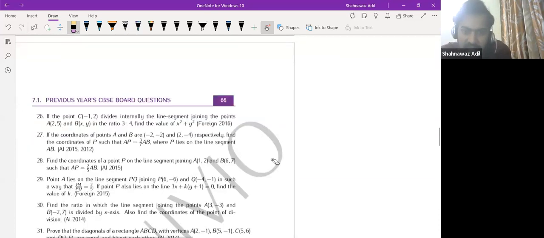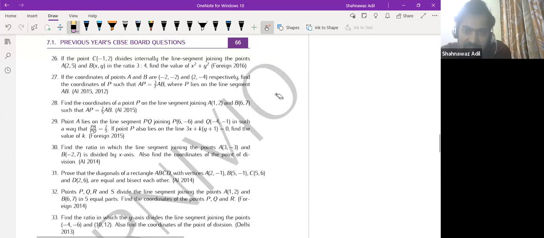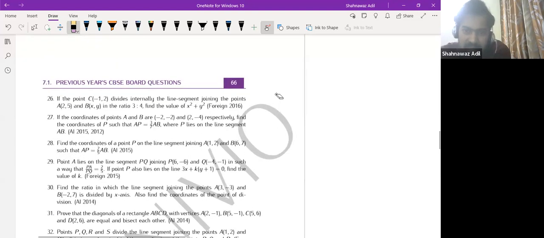Right. And now let us do this 26th one. If the point divides internally the line segment joining the points in the ratio 3 to 4, find the value of x squared plus y squared.